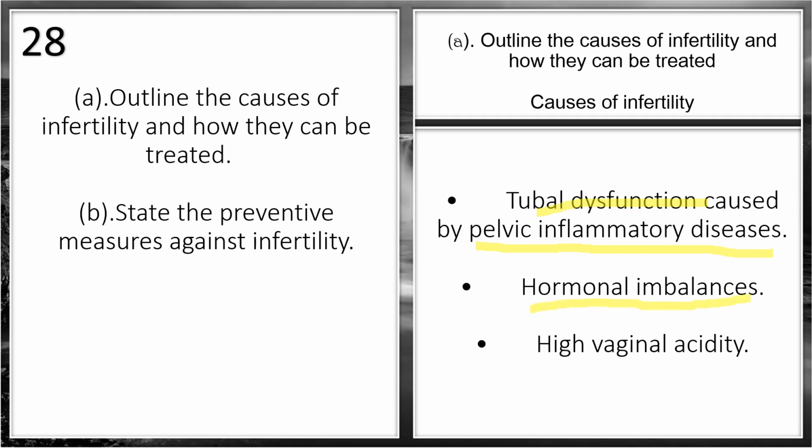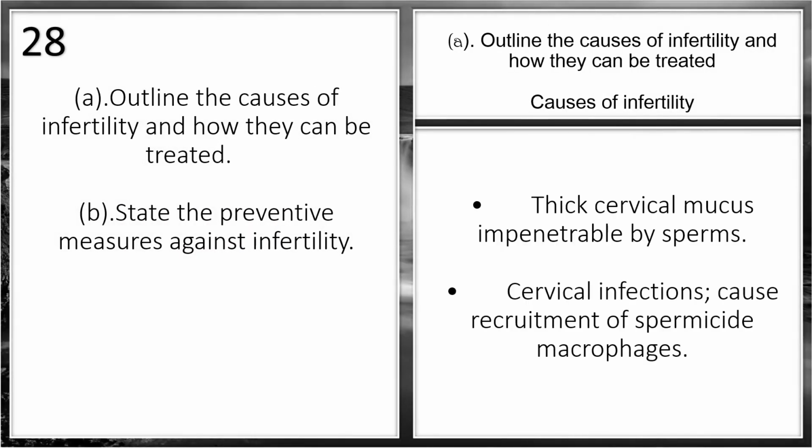Hormonal imbalances. High vaginal acidity. It can be thick cervical mucus, impenetrable by the sperms, or cervical infections can cause recruitment of spermicidal macrophages.